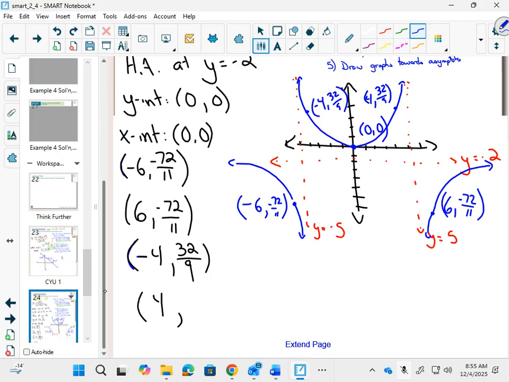So if you're unsure, plug in another point, and it will tell you which way you should make your graph.